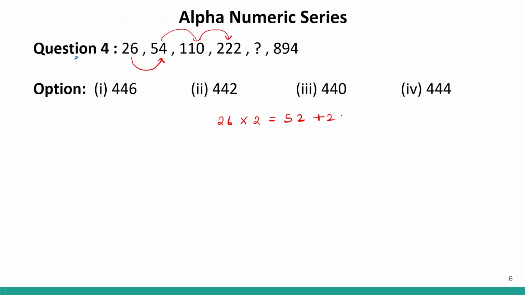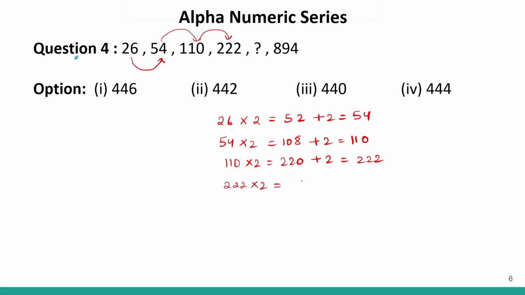And if I add 2, I am getting 54. Correct? So similarly for 54, if I multiply it by 2, I'll get 108. And if I add 2, I'll get 110. Moving forward, if I multiply 110 by 2, I'll get 220. And if I add 2, I'll get 222. Correct? And for 222 times 2, I'll get 444. And if I add 2, I'll get 446. So this will be my answer.